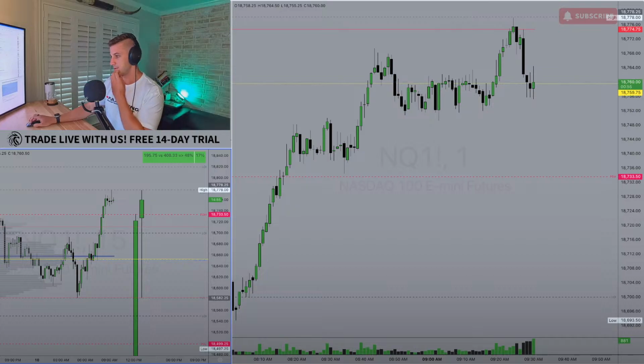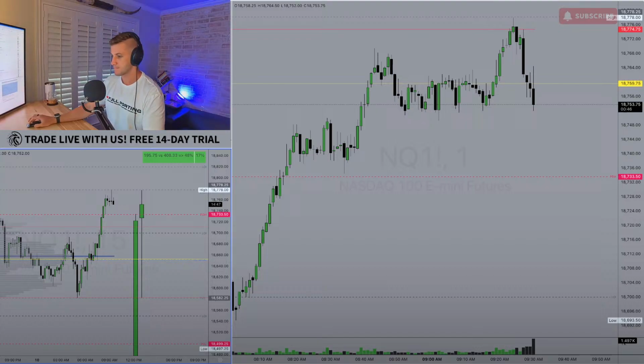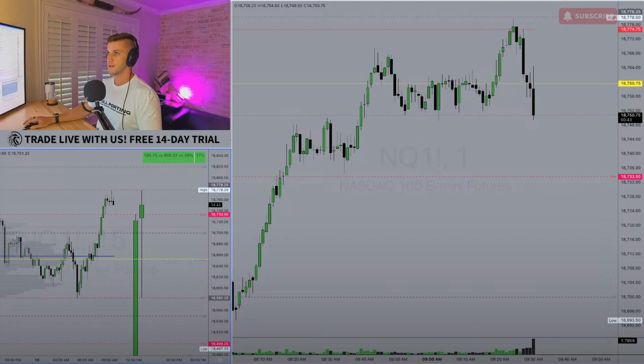So there's the open. Volume point of control just shifted there into the 760 area.